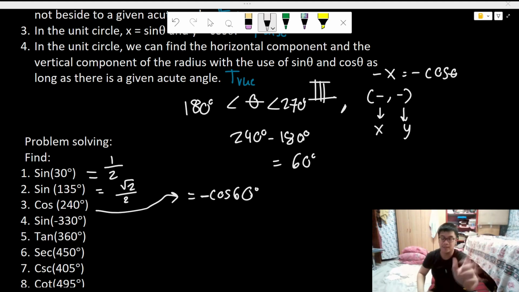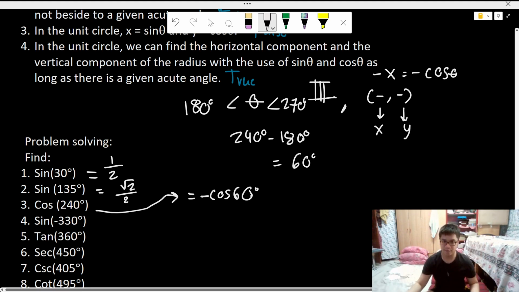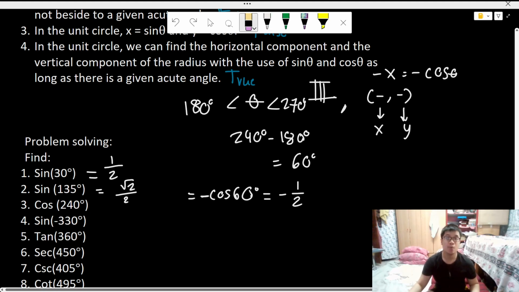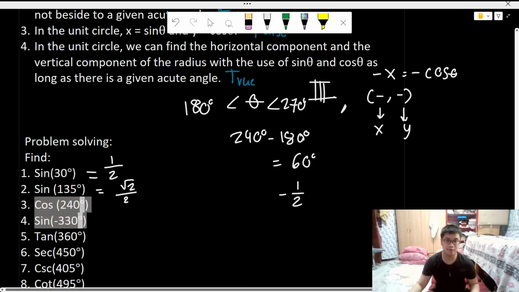Remember that. So let's count. 0, 1. This is 60 degrees. So square root it, you will have 1. Divided by 2, it's 1 half. So we have negative 1 half. And that is our answer. Cosine 240 degrees is negative 1 half. All right? It's negative 1 half.